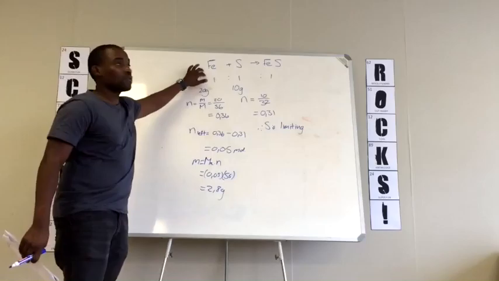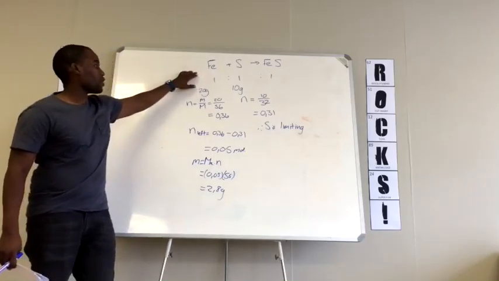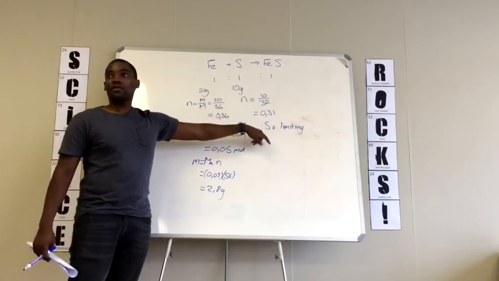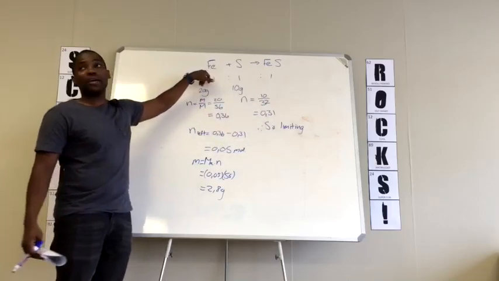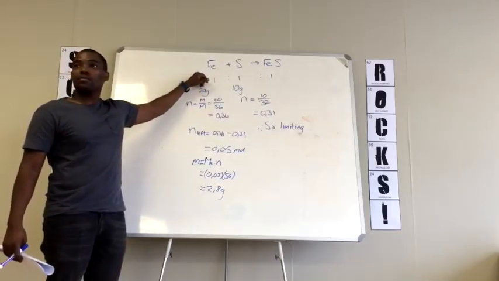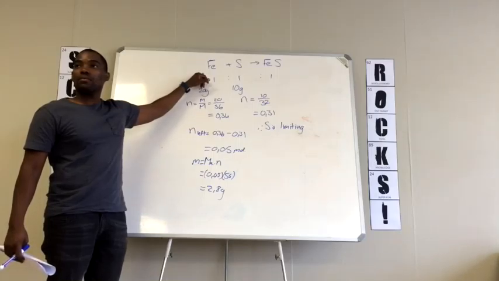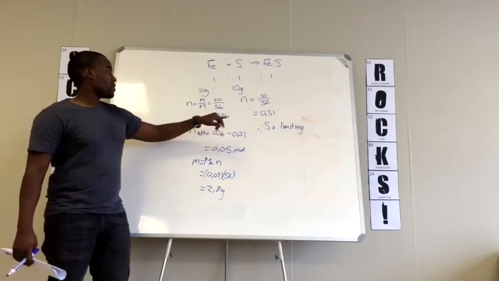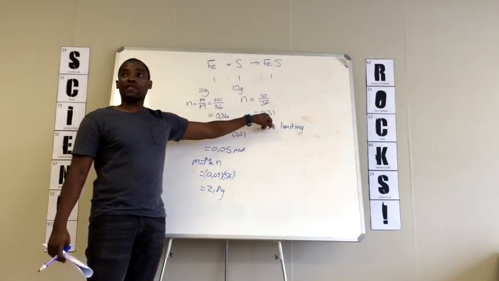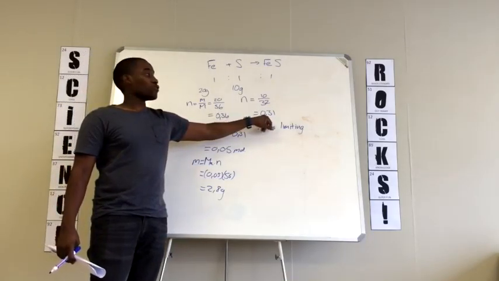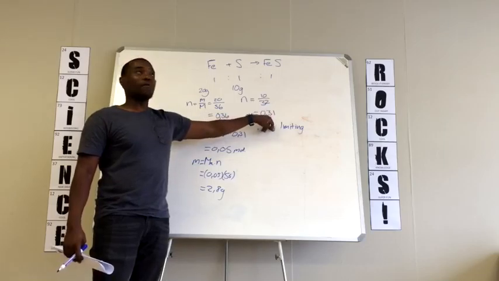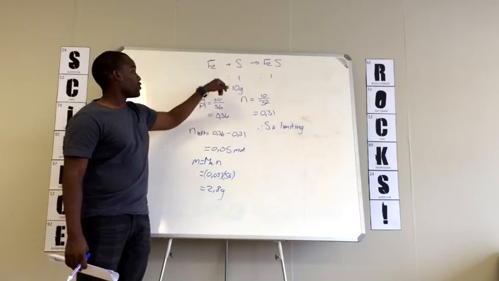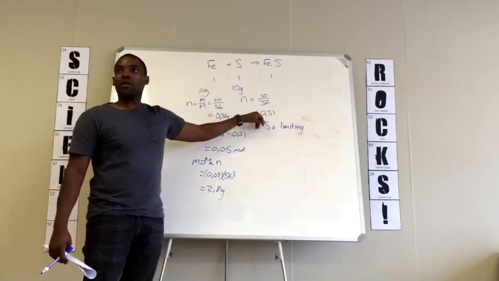This is the other substance. Remember they first asked about which one is limiting? That's my sulfur, meaning my other substance is going to be my iron. Why did you minus the 0.31? Because this is how much I can react as the limiting one. Using my mole ratio, if I react 0.31 moles of sulfur, it's a 1-to-1 ratio, so I'm going to use up 0.31 moles of iron as well.